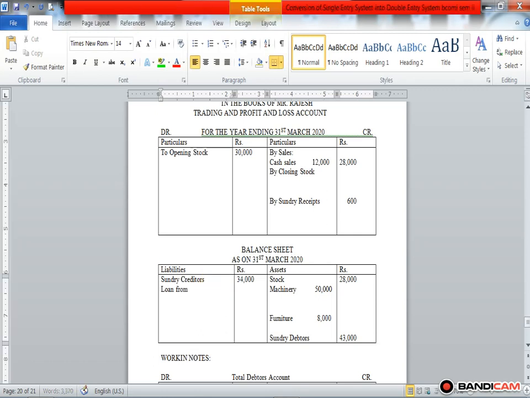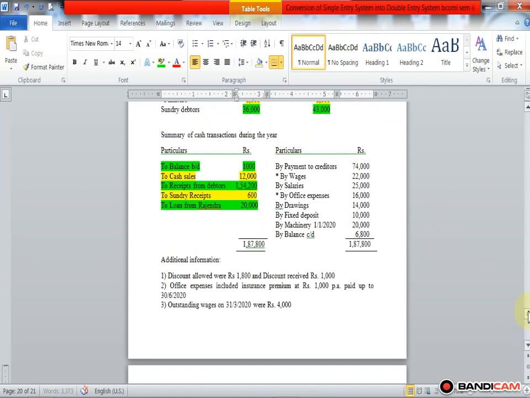Loan from Rajendra amounted to rupees 20,000. Okay, so here we transfer all the receipt side to the respective accounts.